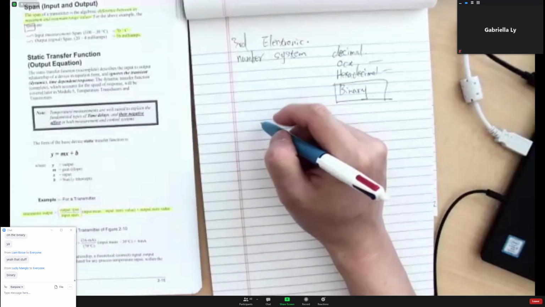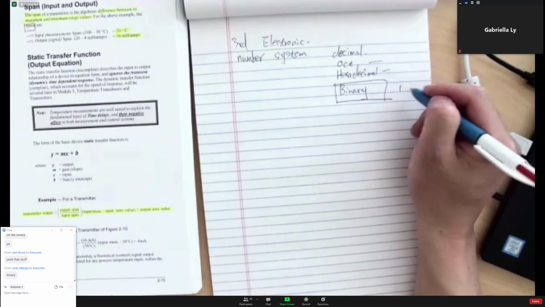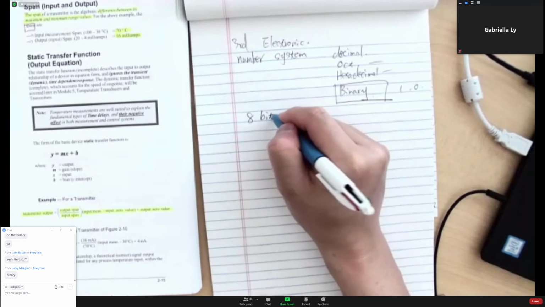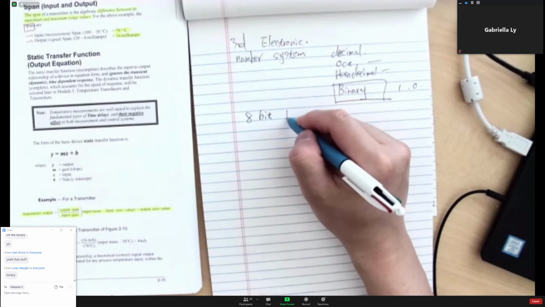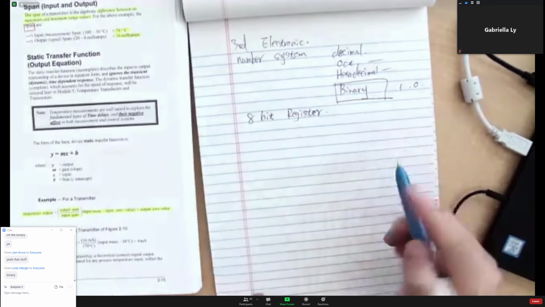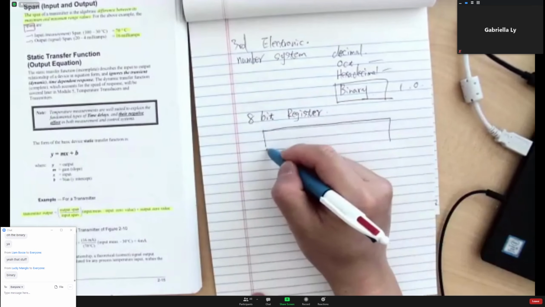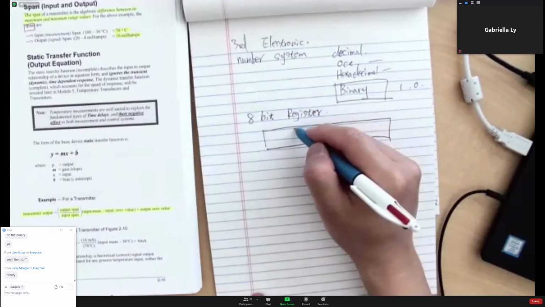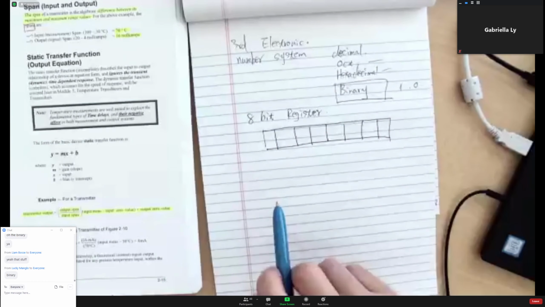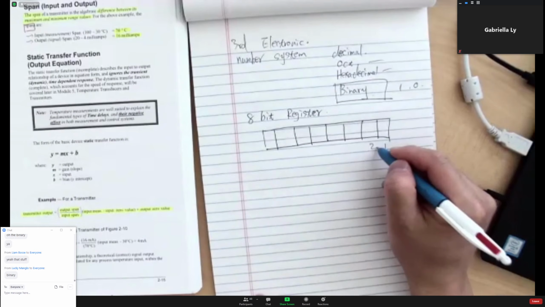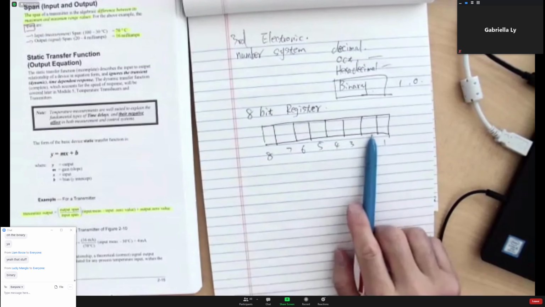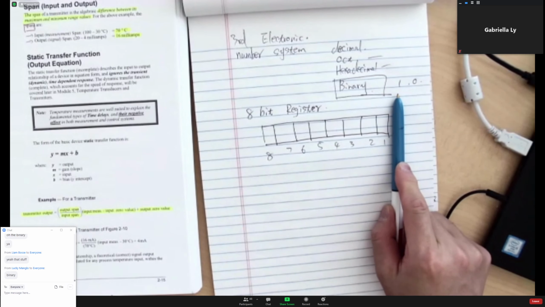In binary, we know there are only two numbers, 1 and 0. If it's an 8-bit register, which means you have 8 bits, 1, 2, 3, 4, 5, 6, 7, 8 bits. In each bit, you can only store either a 1 or a 0.